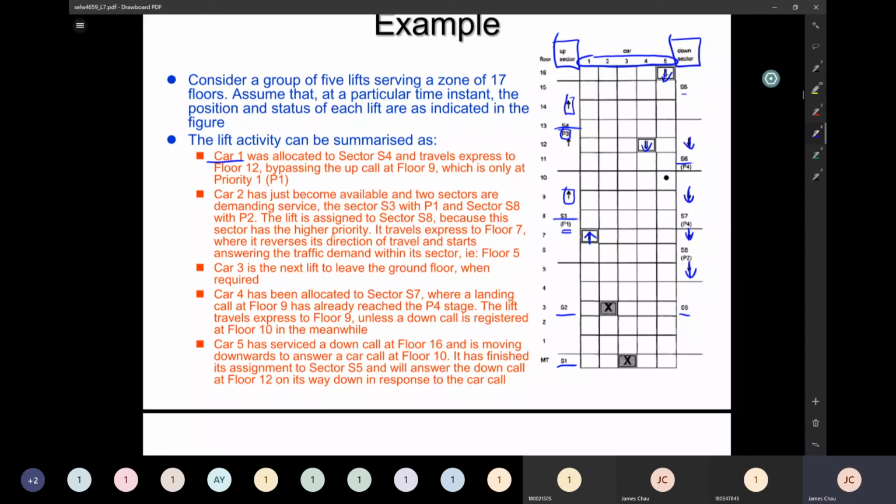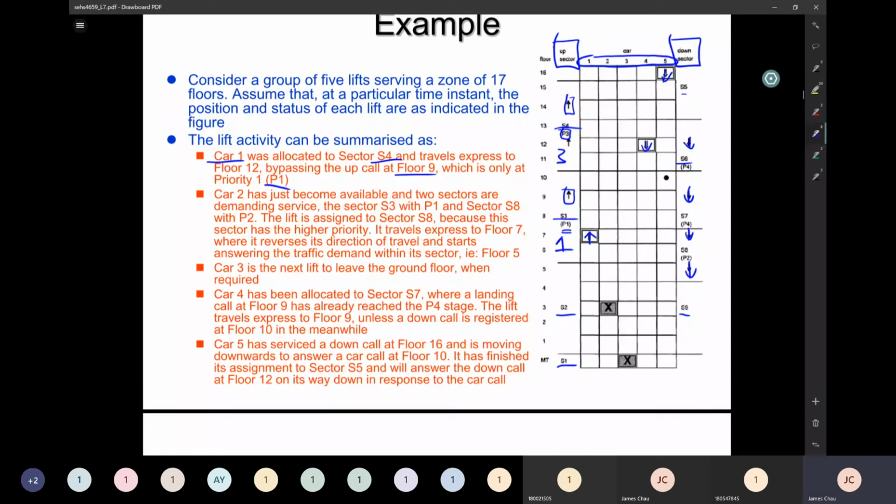At the same time, it is going to serve the setter with a higher priority. Here we have P3 and P1, where priority 3 should have a higher priority than priority 1. So, car 1 will serve setter 4, and it passes over 9 because it only has priority 1.